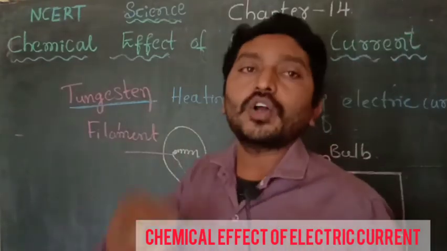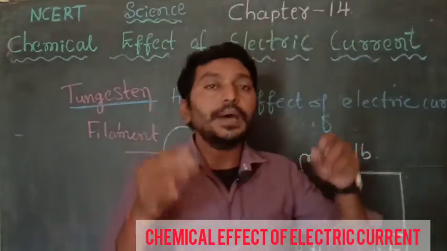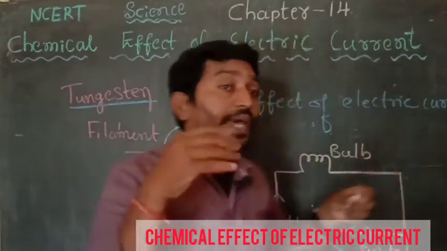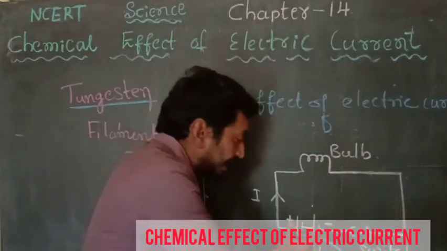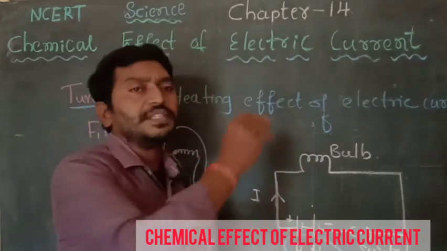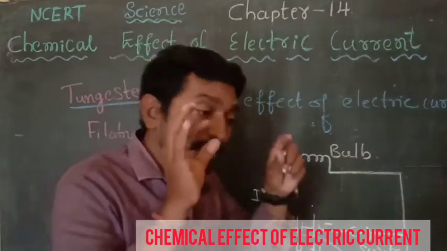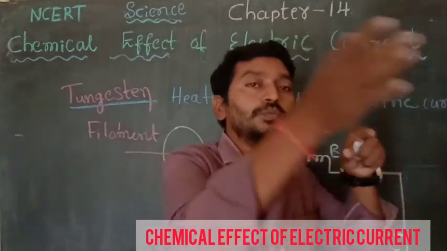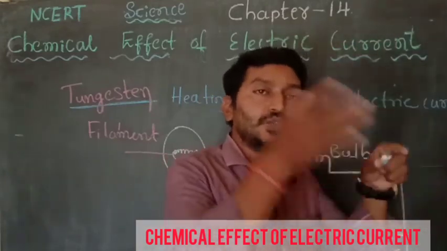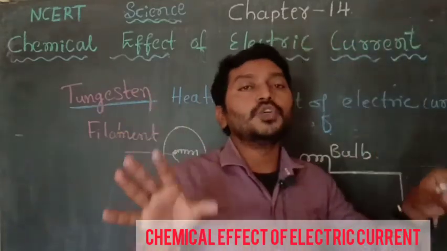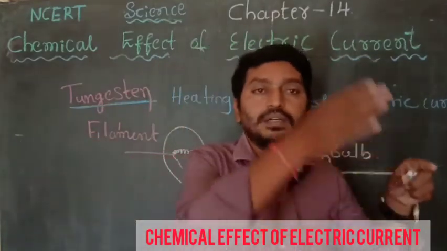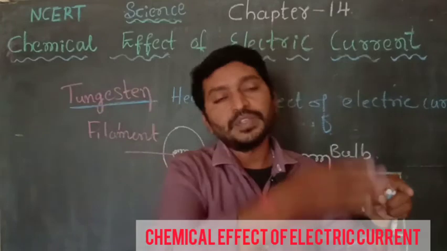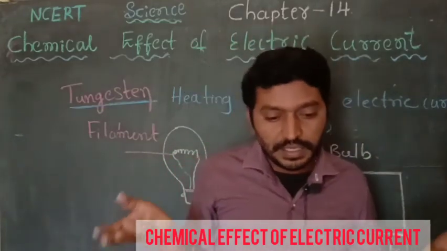The potential difference sets the electrons to move, and when the electrons are moving in the circuit, it is called the flow of electric current.